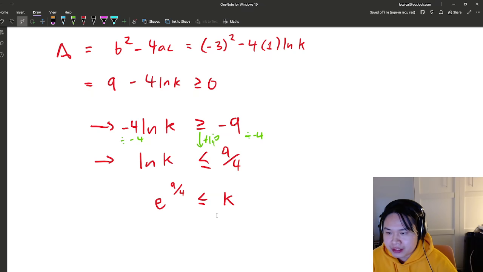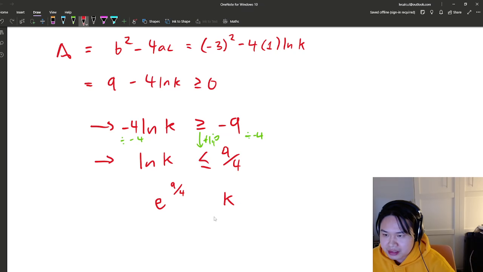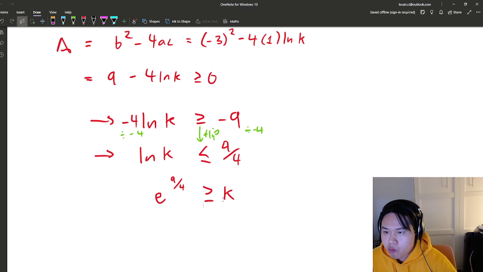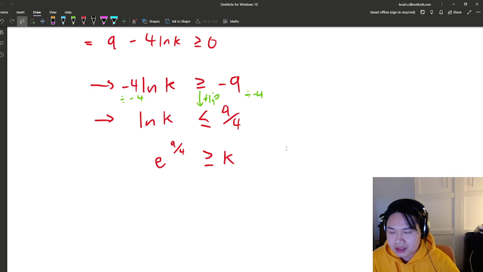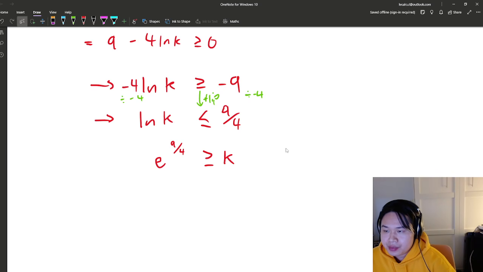And then just be careful with the way that this inequality works. Hold on, I think it goes this way. Let me just think of how to explain this.